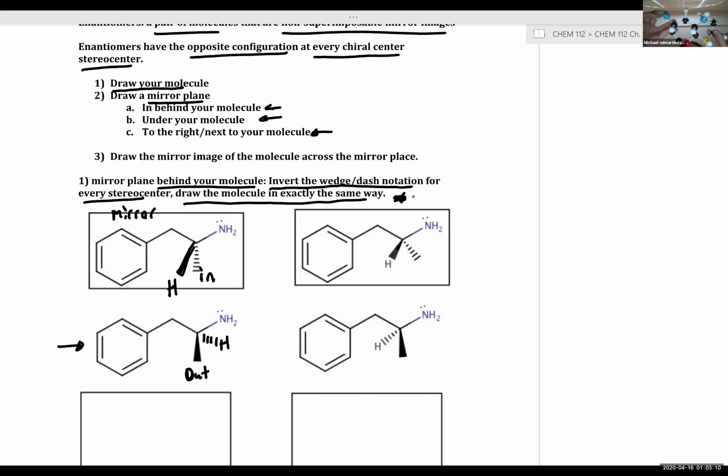You can't redraw it however you want, because when you rotate your molecule, all of your stereocenters and how you're viewing your stereocenters will rotate slightly. Does everyone understand this critical point? So does everyone notice how I drew my main chain exactly the same?